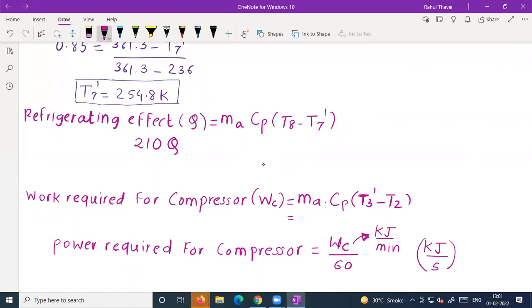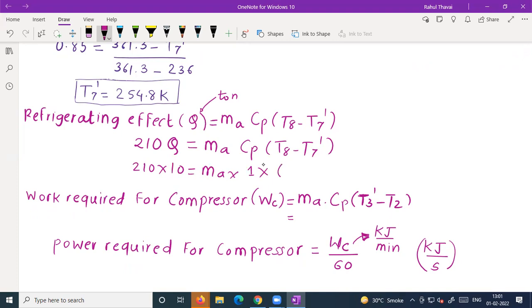Q is given in ton, so I will multiply it by 210, so it becomes kilojoule per minute, times T8 minus T7 dash. So let us put in the values. 210 into Q, where Q is given in the problem as 10 ton, divided by the mass of the air times Cp of the air, which is given as 1 in the problem.